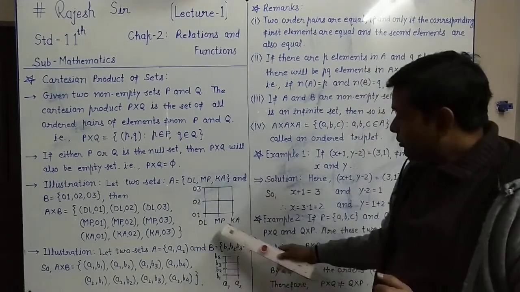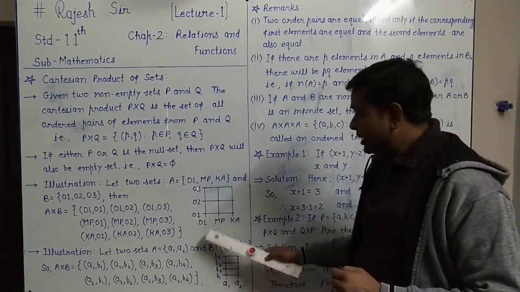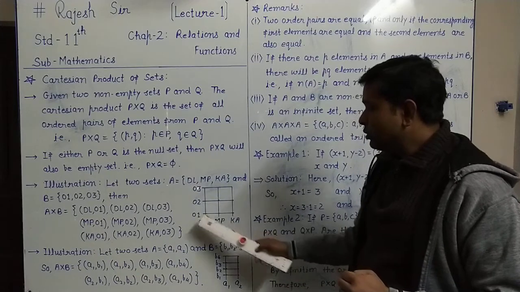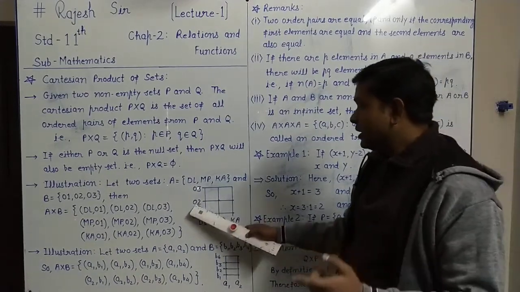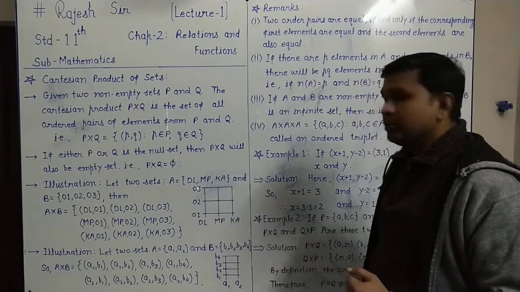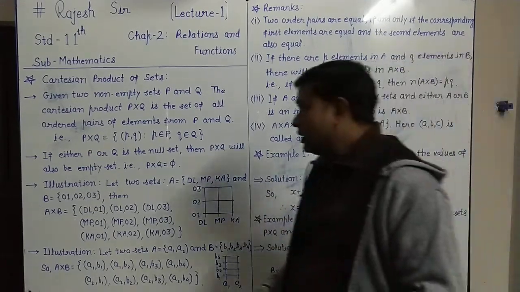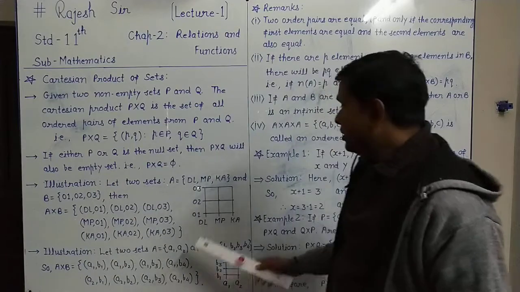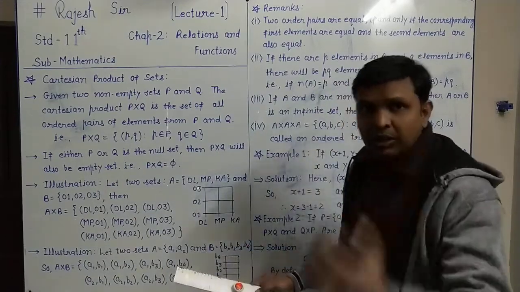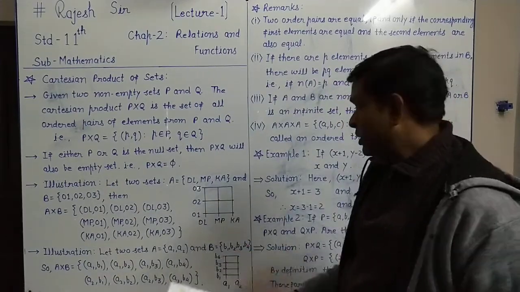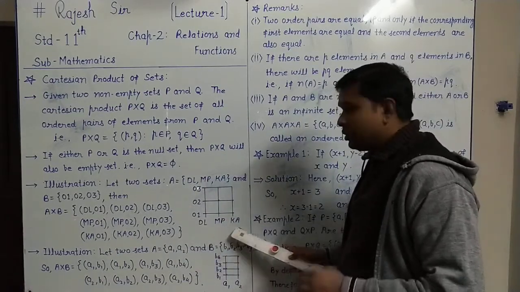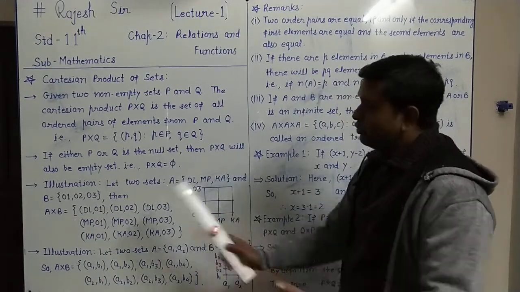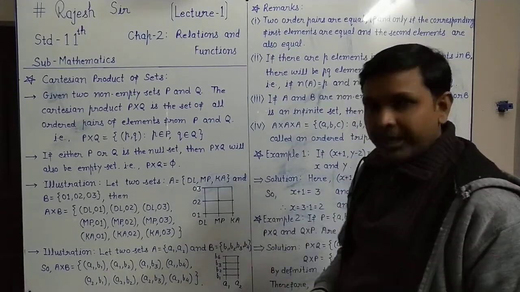Similarly from MP we can make all three pairs MP01, MP02, MP03, and similarly KA01, KA02, KA03. For A cross B we write all the ordered pairs from A and B, always starting with DL, MP or KA, and making pairs with all elements of B.